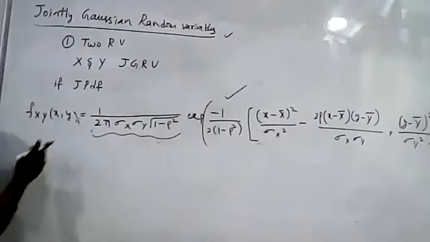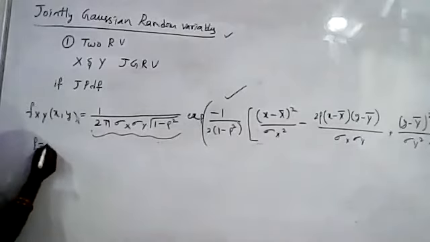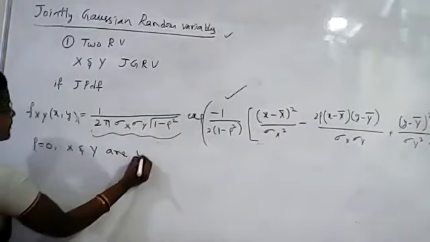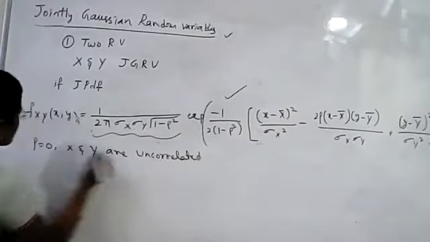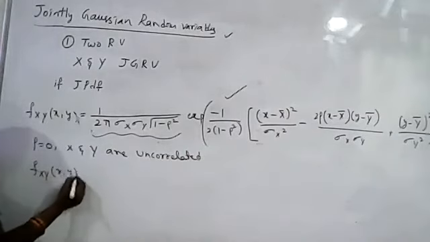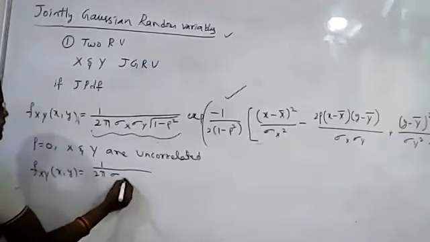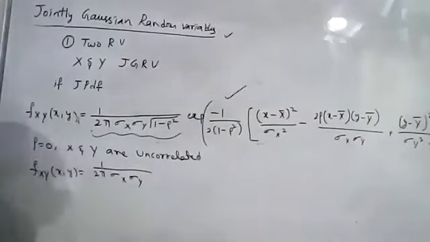Then how will equation 1 be written? If rho is equal to 0, x and y are uncorrelated. In that case, f xy of x comma y can be written as 1 by 2 pi sigma x sigma y. Since rho is equal to 0, this term we don't have.